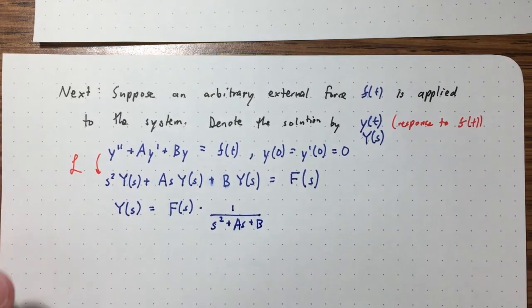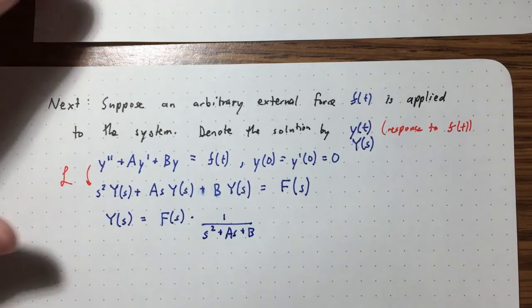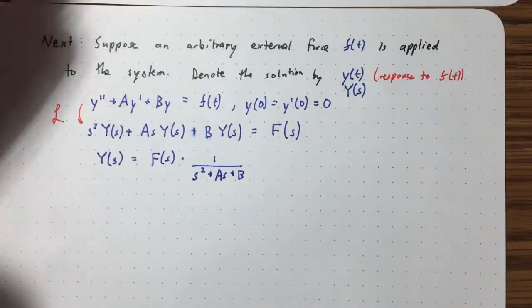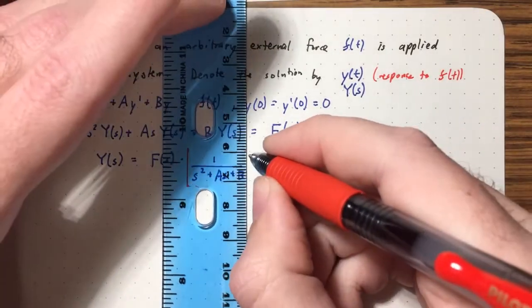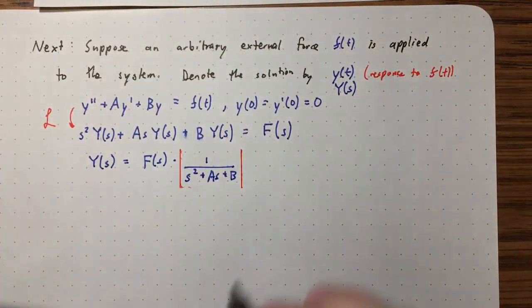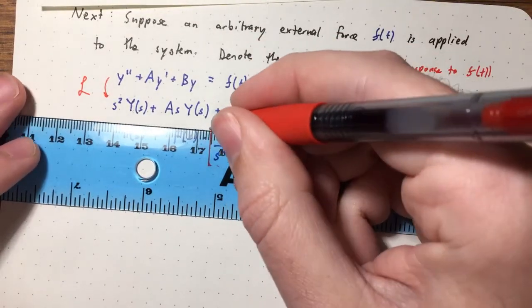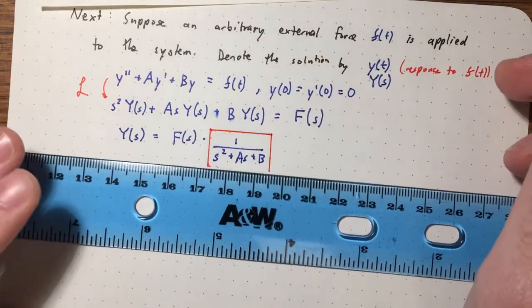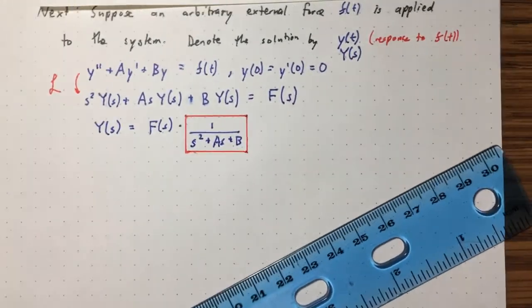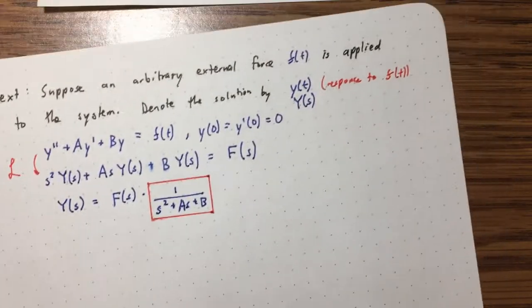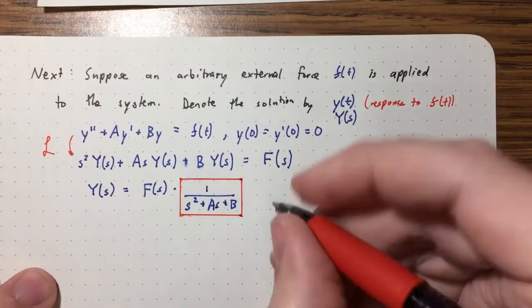Okay. But what is this? Do we recognize this from before? That's our transfer function. So again, I'm going to box this transfer function when it appears. And so that's our transfer function.